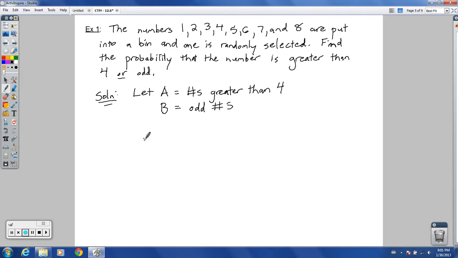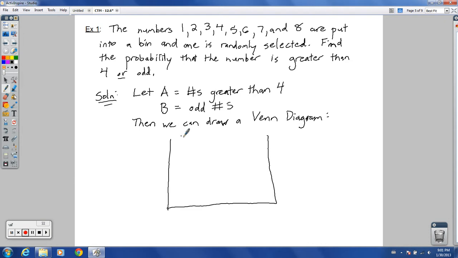If that's the case, then we can draw a Venn diagram. Our Venn diagram would look something like this. I'll draw a box. This is our universe, everything inside of there. It's going to be the numbers 1 through 8.